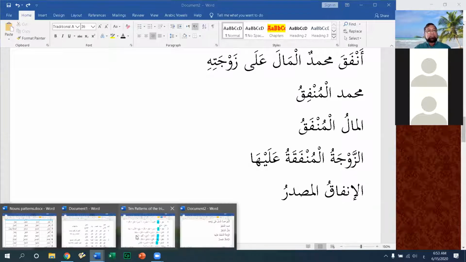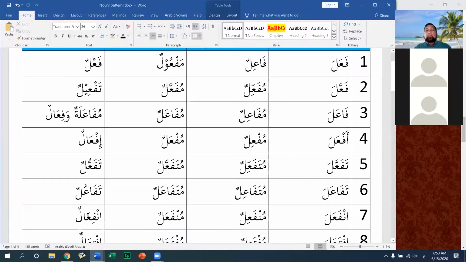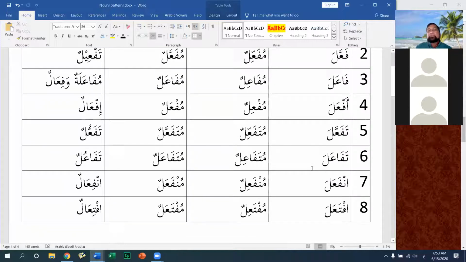So coming back to the fifth pattern of the verb, tafa'ala. The ism al-fa'il is mutafa'ilun, ism al-maf'ul mutafa'alun, and al-masdar tafa'ulun.